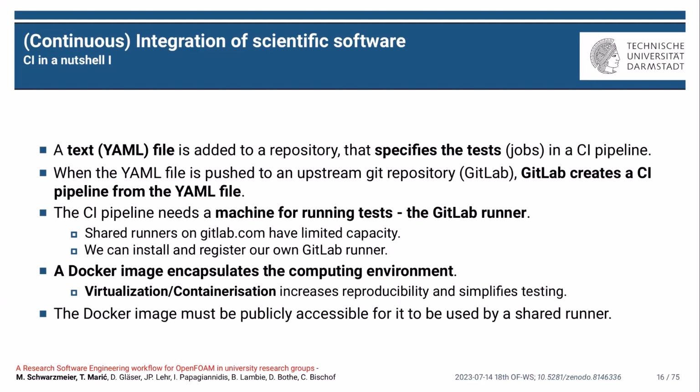Okay. So again, we add a text file, a so-called YAML file, to our repository, and in the text file we describe the CI pipeline, and then GitLab automatically creates a pipeline from this file and basically does most of the rest for us.